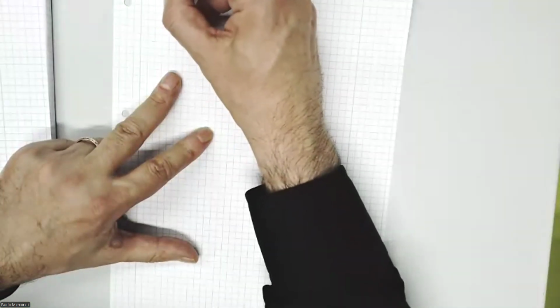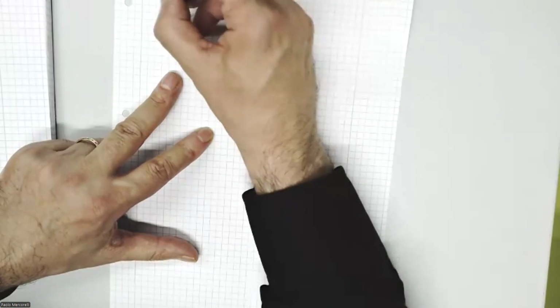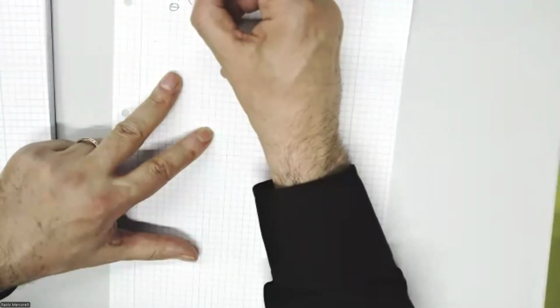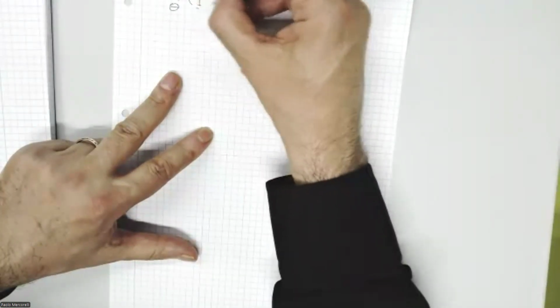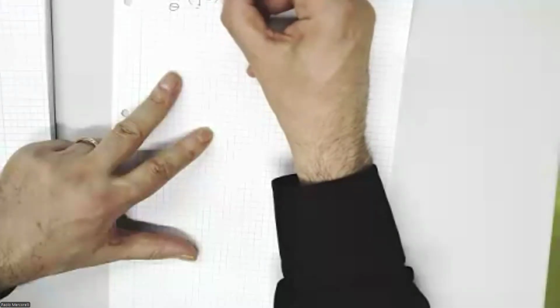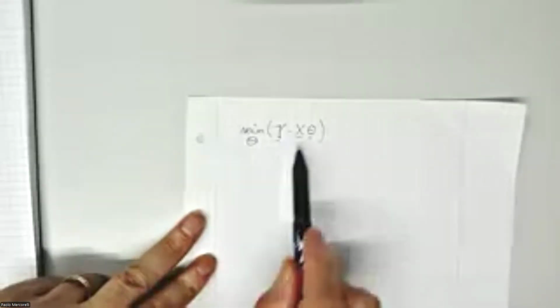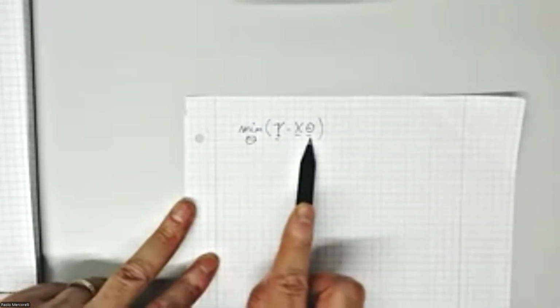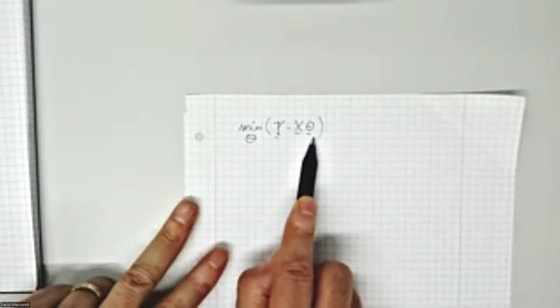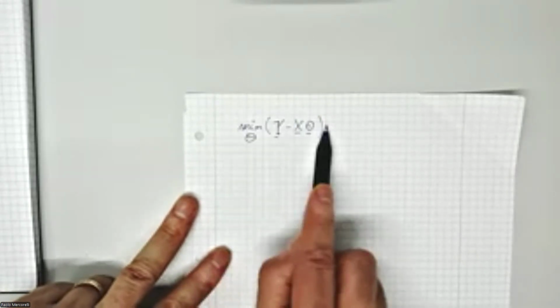When I write this expression here, to calculate the minimum as a function of theta, it is a linear function of theta.